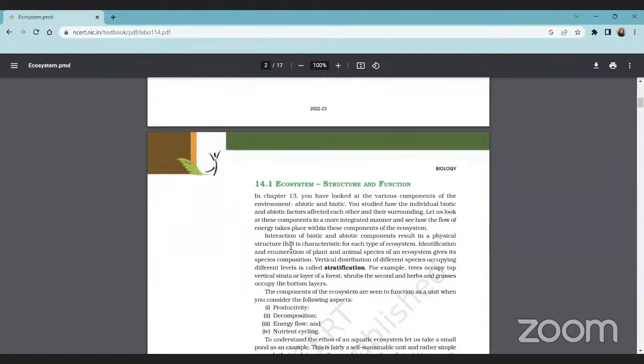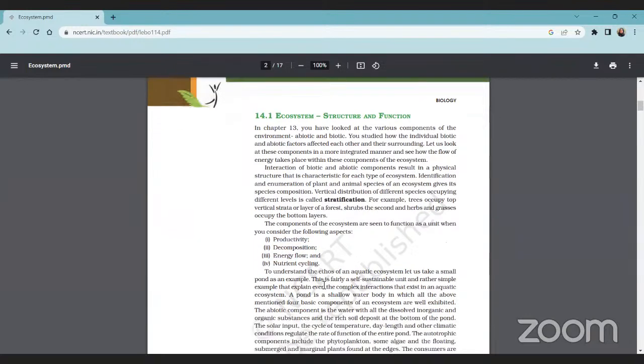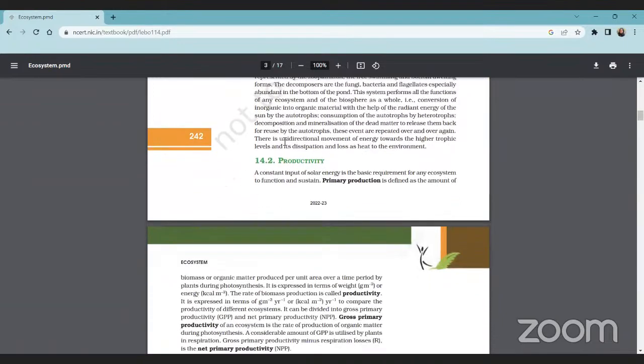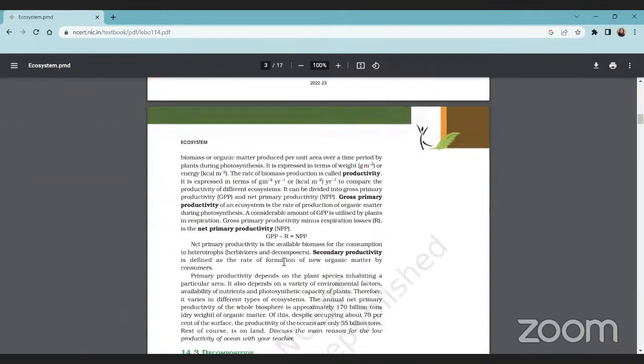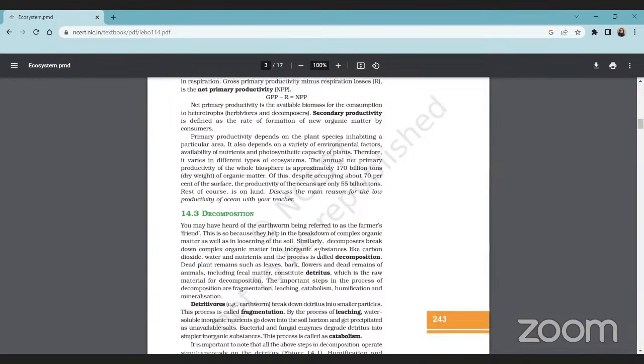We also discussed that they contain stratifications, meaning they are formed as layers. The main components of an ecosystem are productivity, decomposition, energy flow, and nutrient cycles. We discussed primary productivity and secondary productivity.